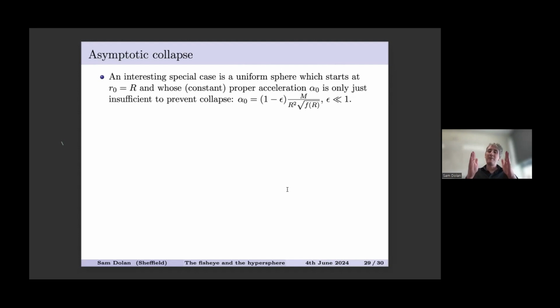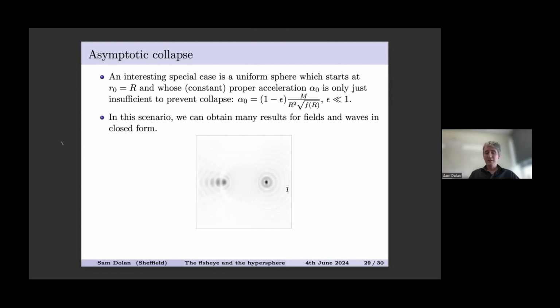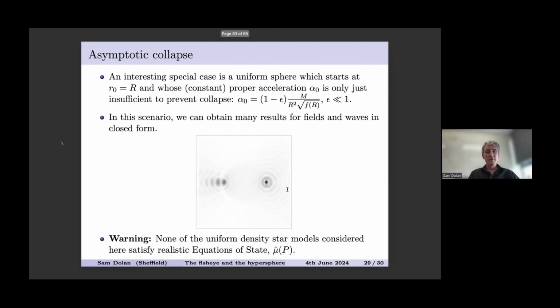So then it begins to collapse, but we're going to keep the proper acceleration constant. What that means is that we've got a situation where our physical geometry is conformal to a static hypersphere. So we can find all our closed form solutions on the static hypersphere and then just apply the conformal symmetries to get the solution in the dynamical spacetime. And I'd like to work through that with my PhD student to get more closed form results.